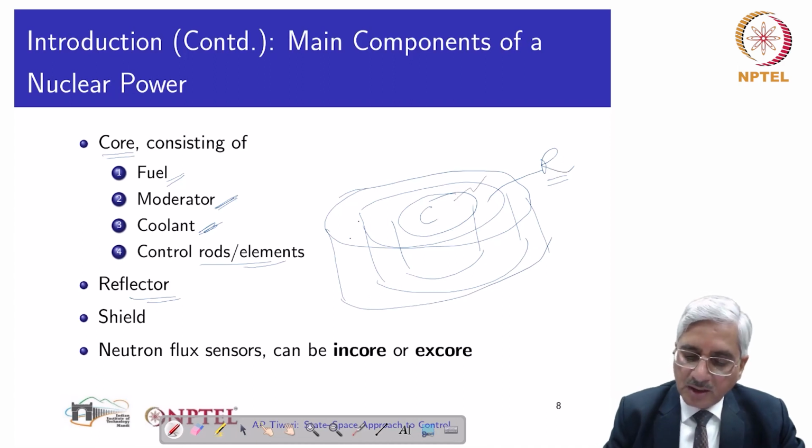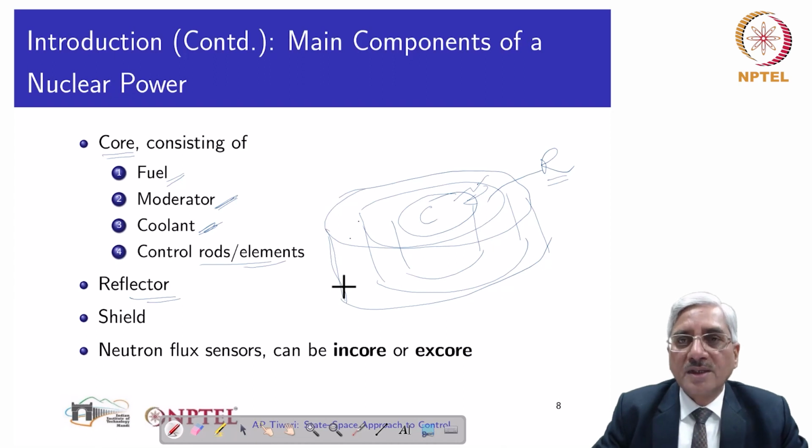From the core, neutrons try to go out and the reflector sends them back. And the shield's job is not to allow the nuclear radiation, neutrons and alpha, beta, gamma, mostly gamma, because alpha and beta are quickly stopped, but gamma has larger penetration power. A shield is used essentially to stop all these three forms of radiation.